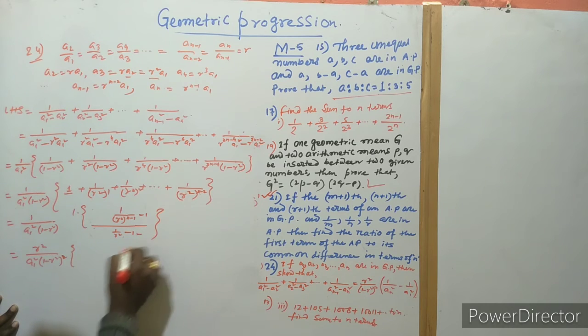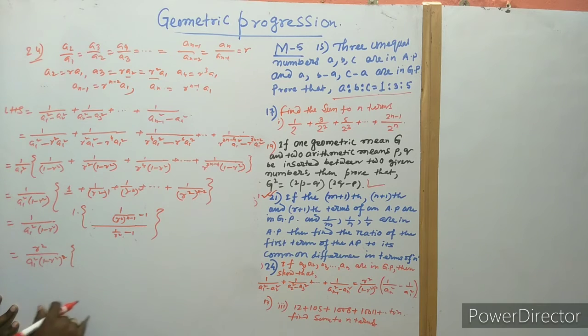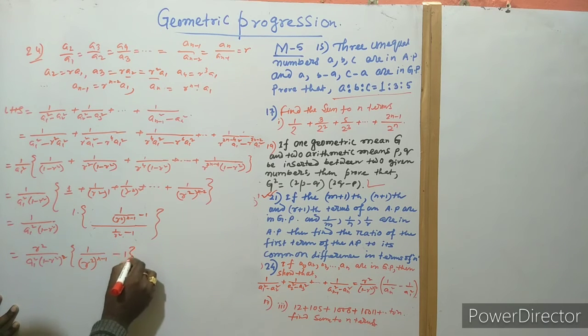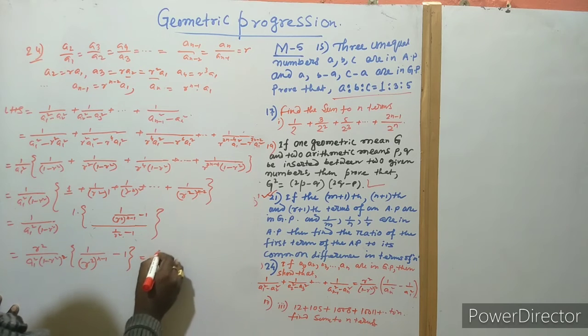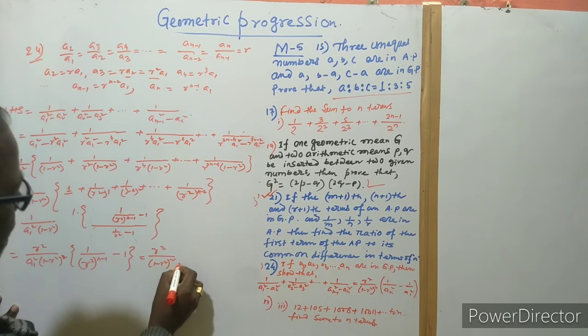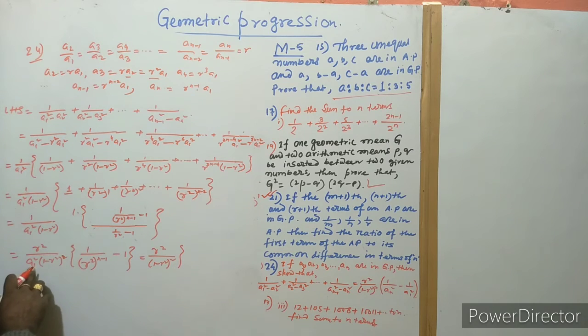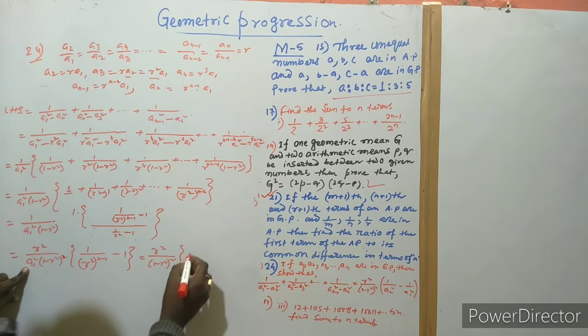Okay, so R square by this whole square, 1 by R to the power 2 whole to the power n minus 1 and minus 1, and multiply by R square by 1 minus R square whole square, and multiply by this A1 square on that.